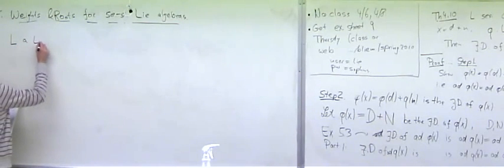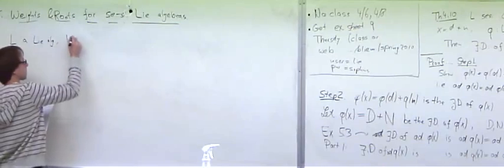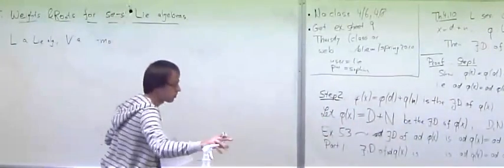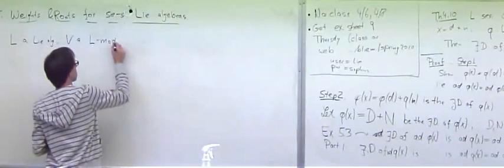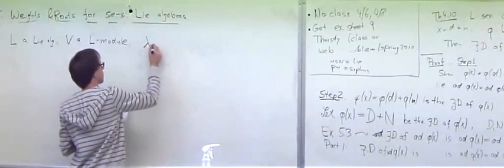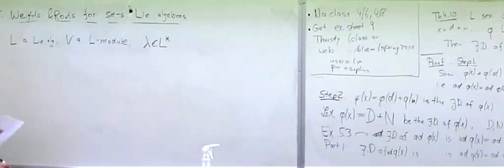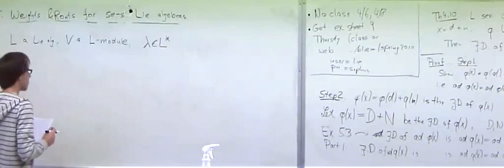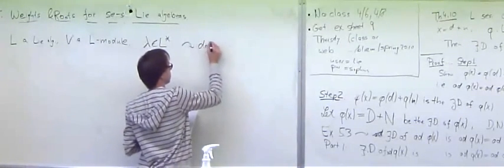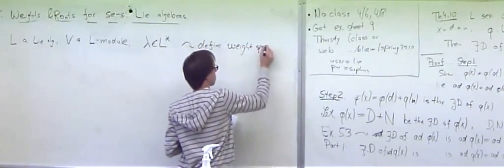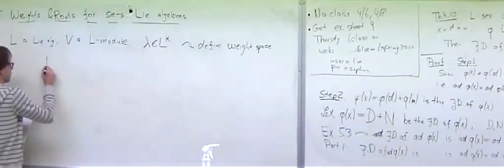So if L is a Lie algebra and V an L module, so a representation, and lambda is a linear form on the Lie algebra, so a vector space homomorphism from L to C. Then we defined the weight space, denoted V lambda.